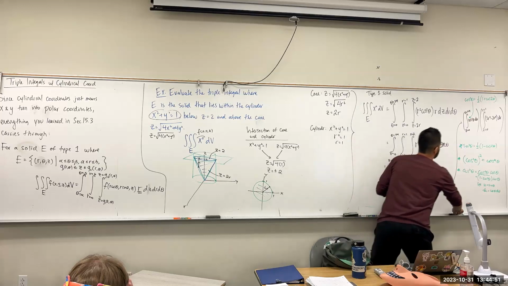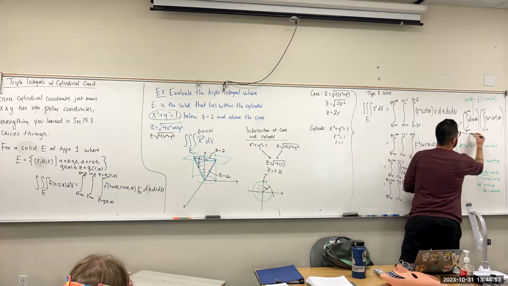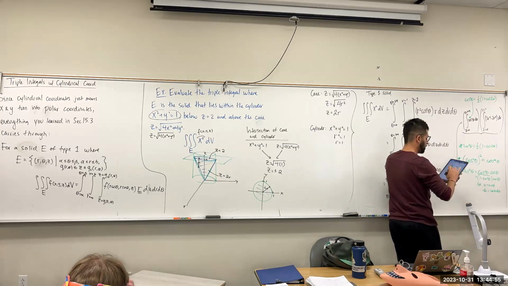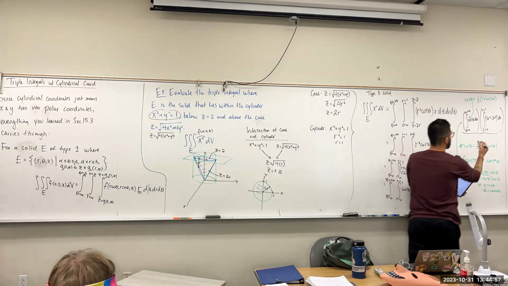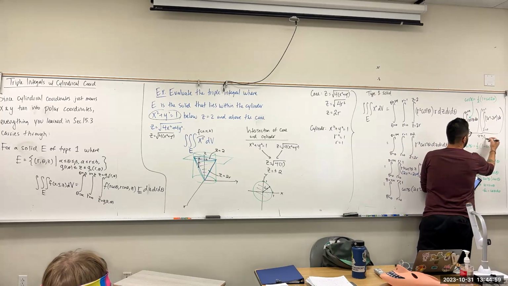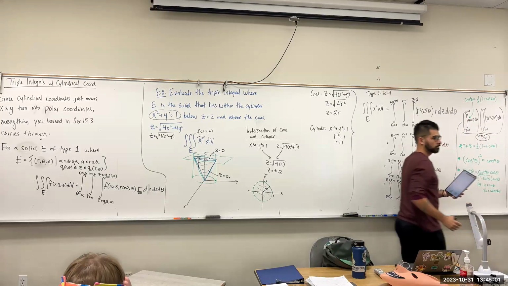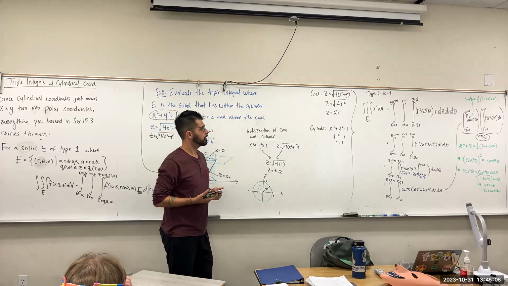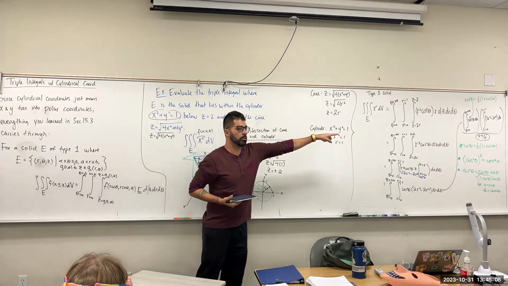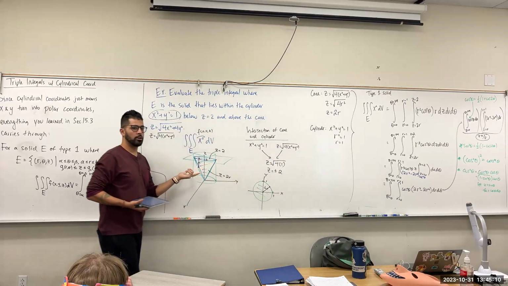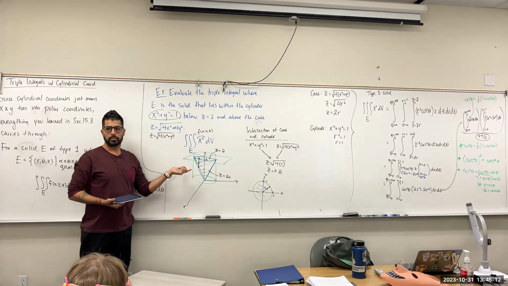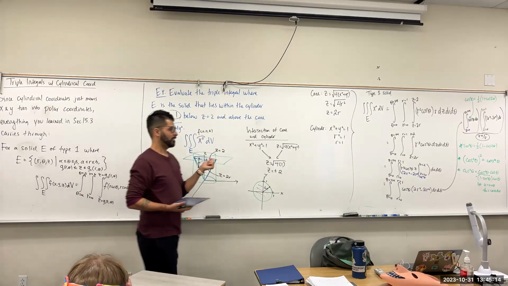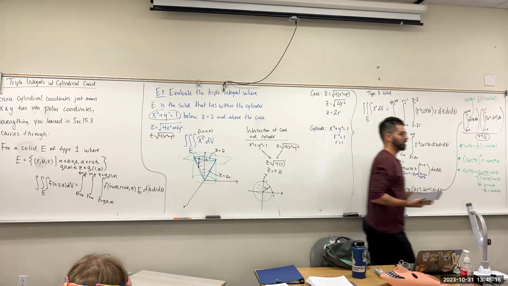Just in case you try to do it on your own, this ends up equaling 3 pi over 5. Does that 3 pi over 5 equal the volume of this cone? I swear I should put that as a test question somewhere.